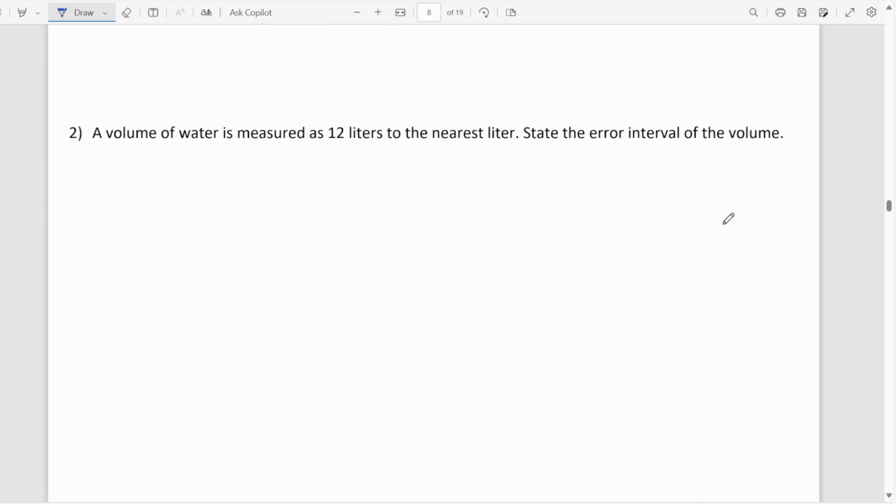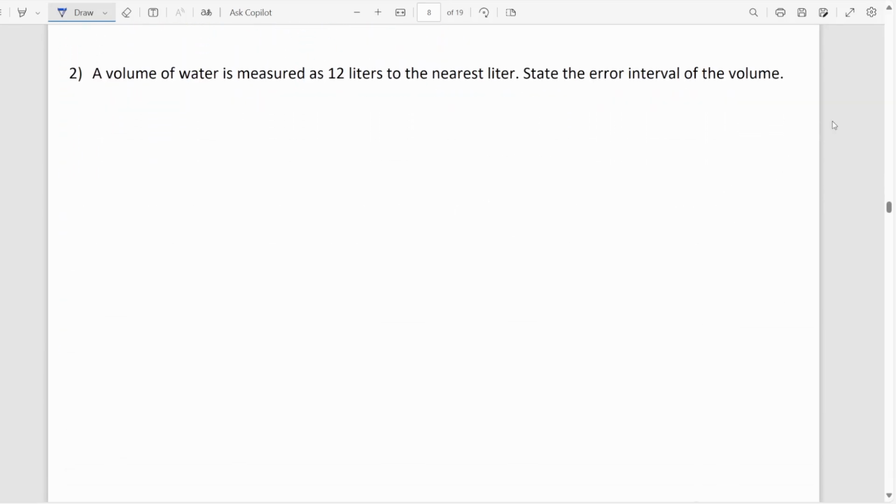Okay. A volume of water is measured as 12 liters to the nearest liter. State the error interval of the volume. So we have 12 liters basically, and this is to the nearest 1 liter. So the unit of round is 1. Divided by 2, it's 0.5, and this right here is my error.